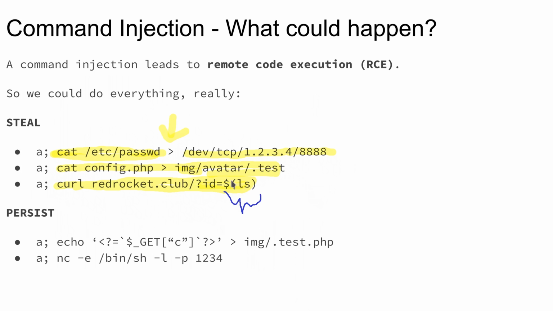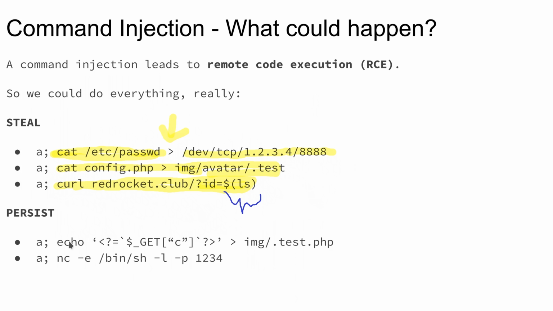So $ brackets means everything within this will be executed as a command, and then the output of the command will be appended to this URL. This way we could execute ls and see the output in our web server's log.